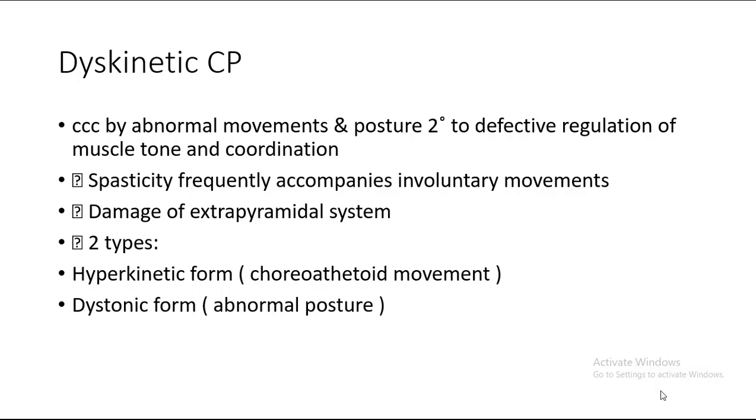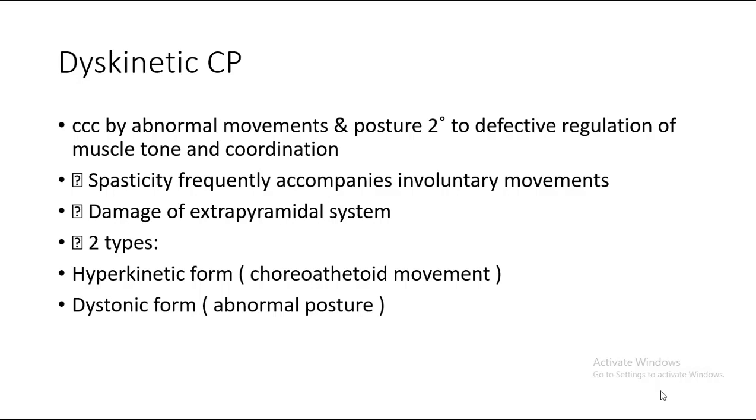And then the dyskinetic type of cerebral palsy. Here there is dyskinesia in the form of dystonia or choreoathetoid features. It is due to involvement of the basal ganglia mainly, or insult of the basal ganglia.